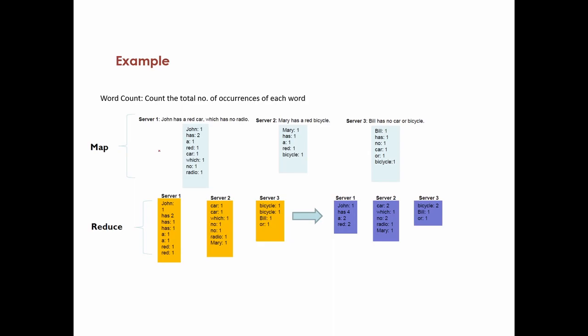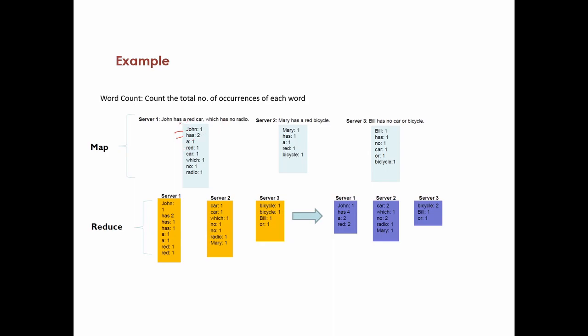Now, this is a run through of the word count example that we discussed, in the multi-server or multi-computer scenario. In the map phase, let's say server 1 has this file: John has a car which has no radio. So it outputs John, has.